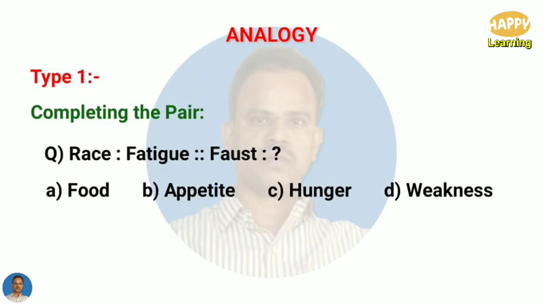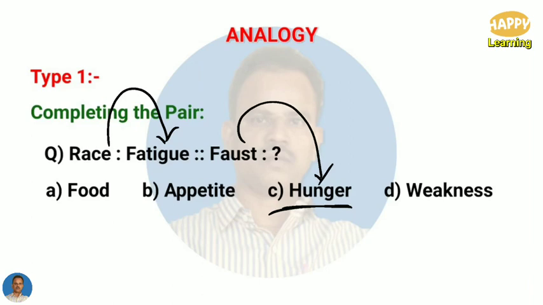Then by doing fast, you get hunger. So, due to race, you get fatigue, and due to fast, you get hunger. Fasting means not taking any food for a period. So, by that you get hunger.